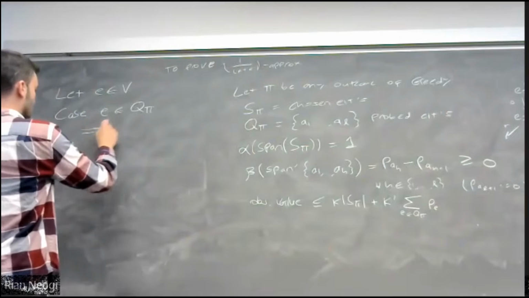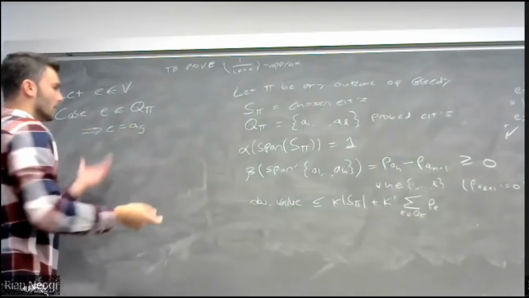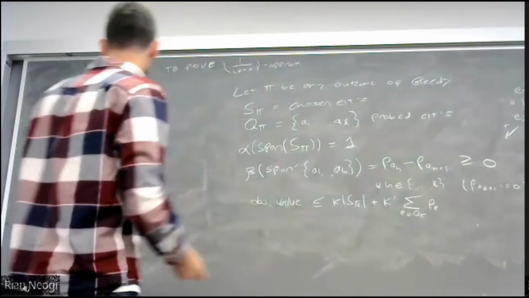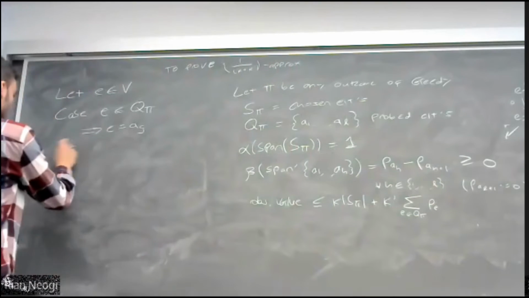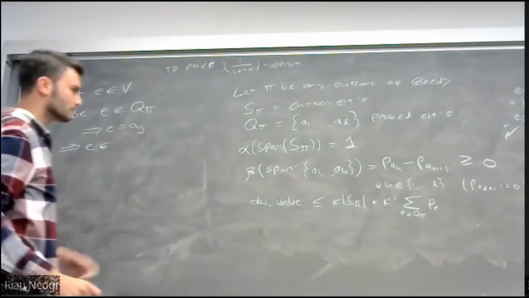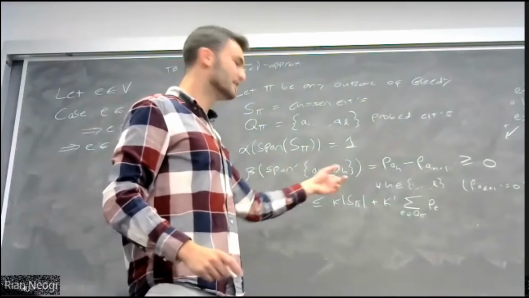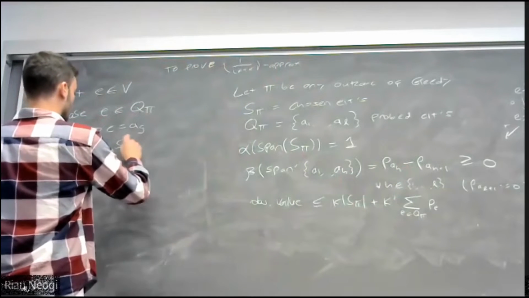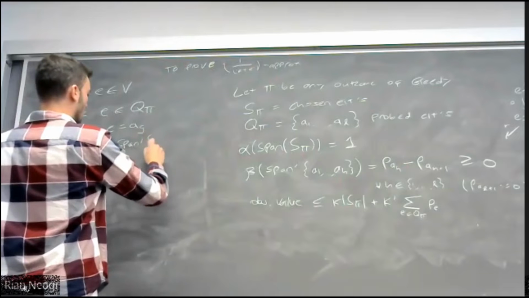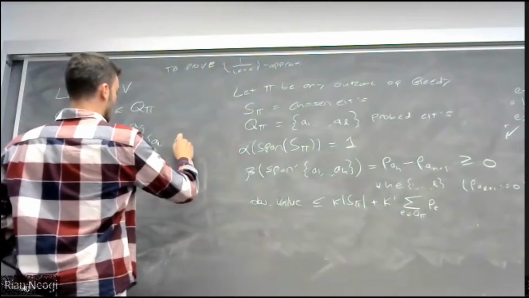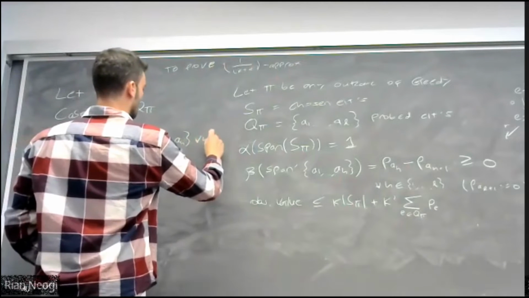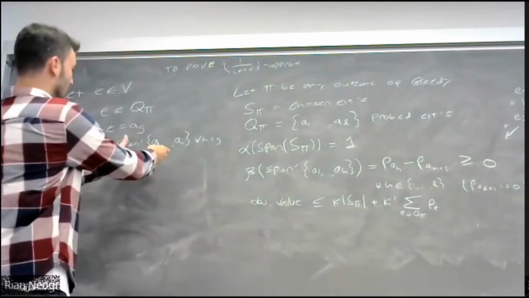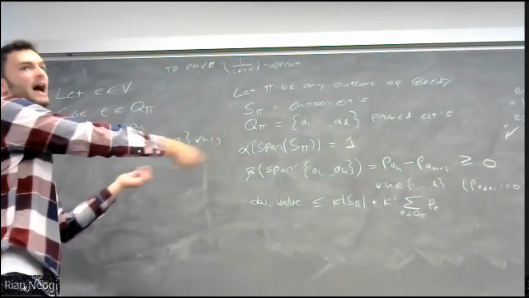Then E is just A_G for some G between 1 and L. But then E is in the span prime of A1 up to AH for all H at least G, and at most L. The reason is simply that it's an element of the set, and the span prime will contain the set.